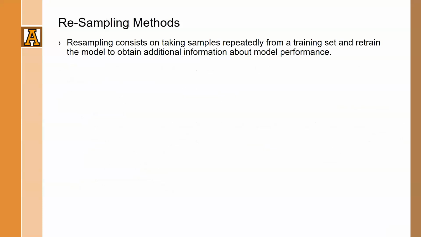So there are several resampling methods. They essentially consist of resampling from the same data set. And we do that to obtain information about the model performance, information that we cannot get out of one single sample. We do the resampling to be able to do that.